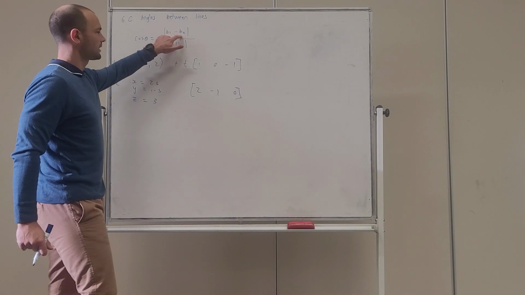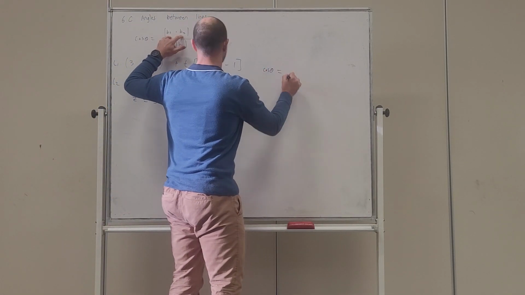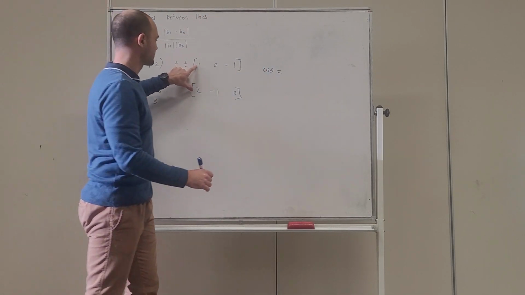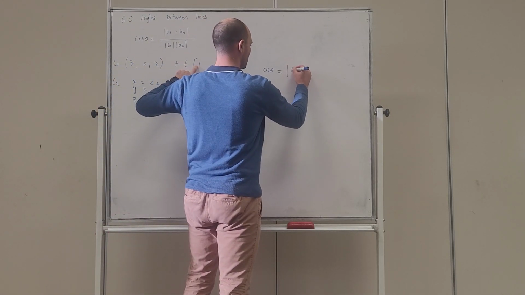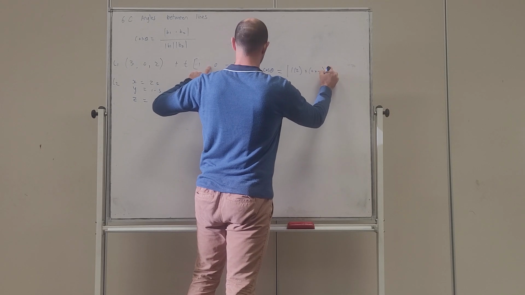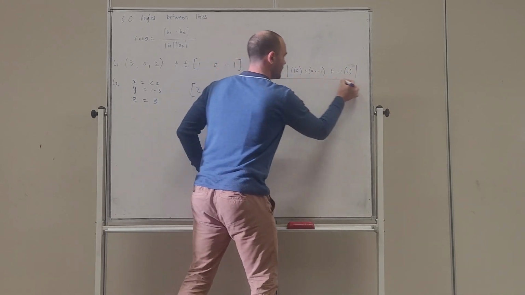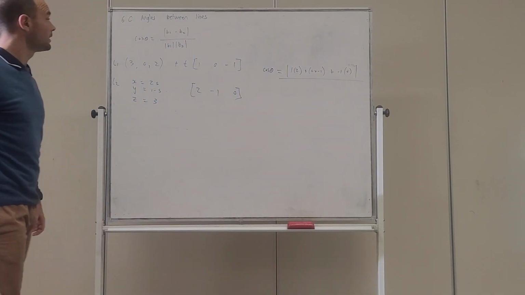First we have the dot product of b1 and b2. So the dot product is going to be 1 times 2, plus 0 times minus 1, plus minus 1 times 0, and the modulus of that goes at the top.